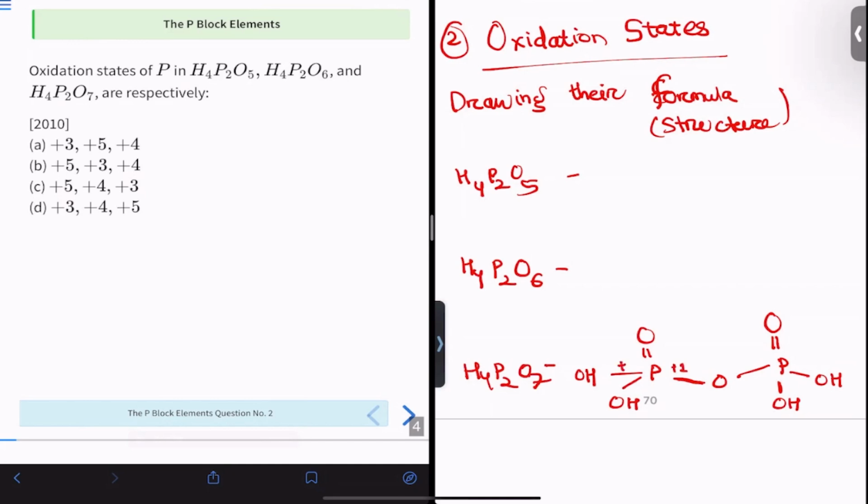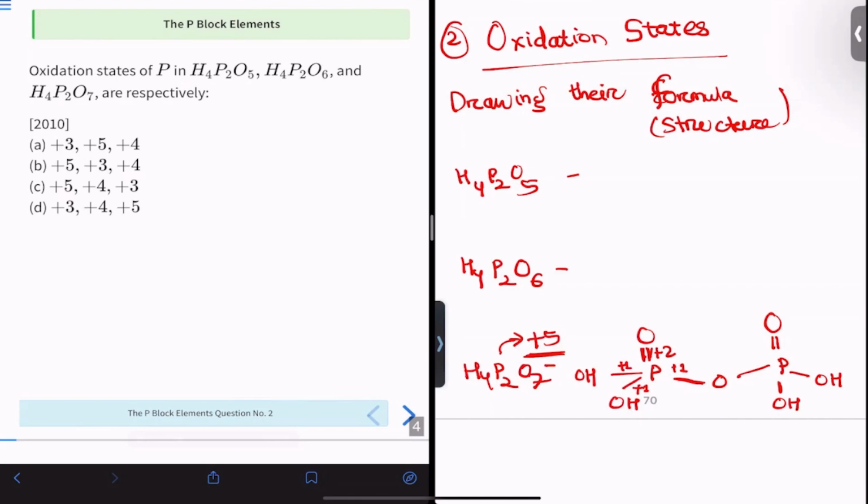From here, it's getting +1 again. It's a single bond with oxygen, again +1. From here, two bonds with oxygen, so +2. So by adding up +2, 1, 1, 1, we get the oxidation state of phosphorus here as +5.